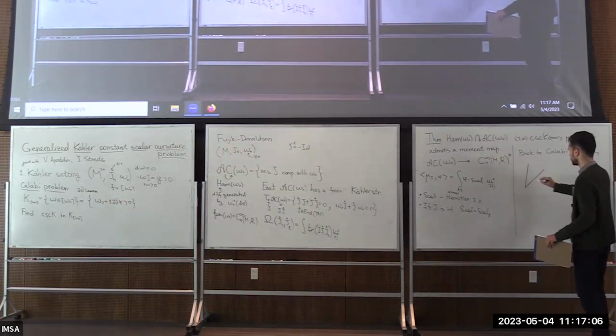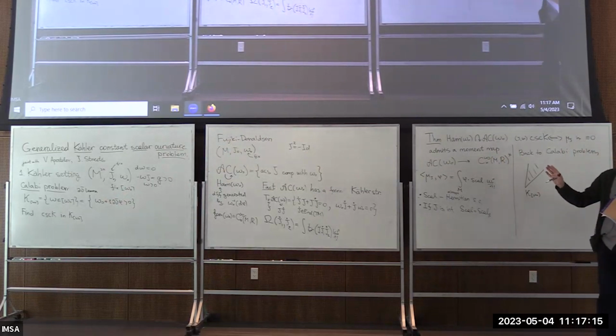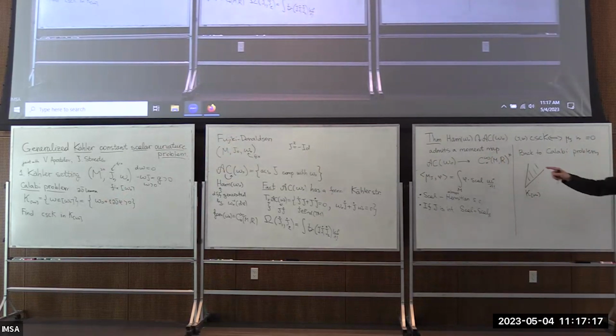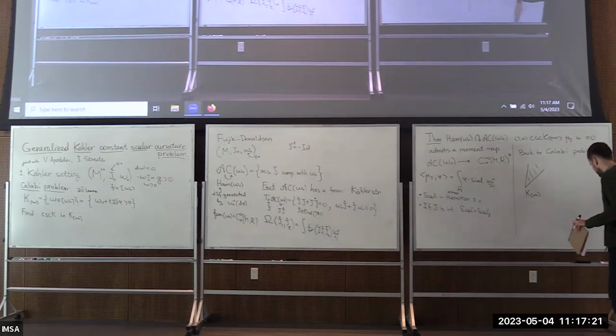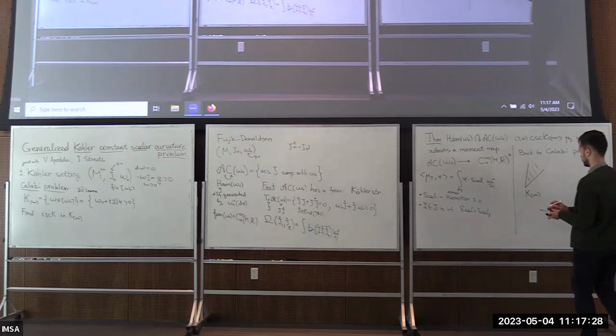Let's assume that this is my Kähler cone. I draw it like a cone because it is a little bit like a cone, right? It's a convex thing.